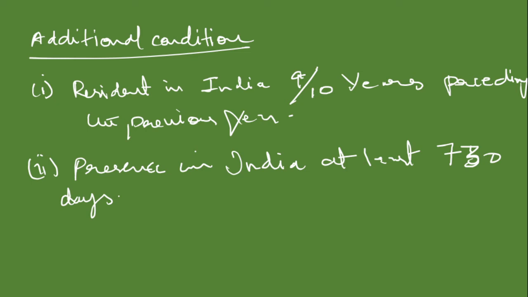Don't forget 730 days. Here the number of days has not been mentioned for the 9 years. If you have lived just one day per year in India, you can say you lived 9 years in India. The second condition is also applicable: presence in India for at least 730 days during the 7 years preceding the previous year.